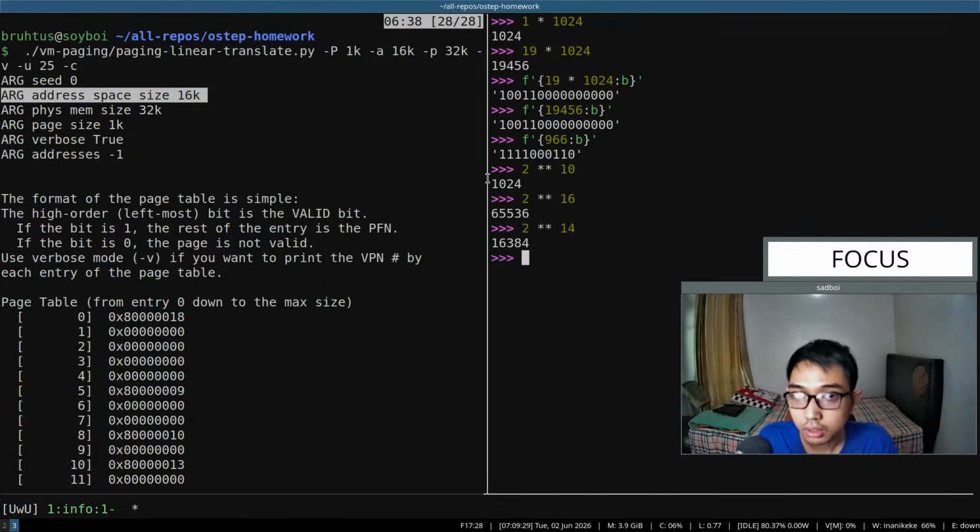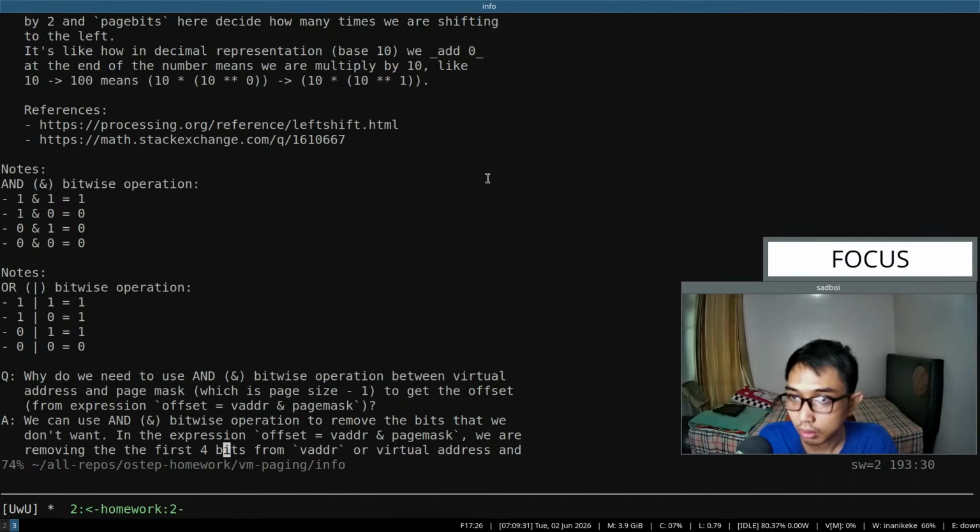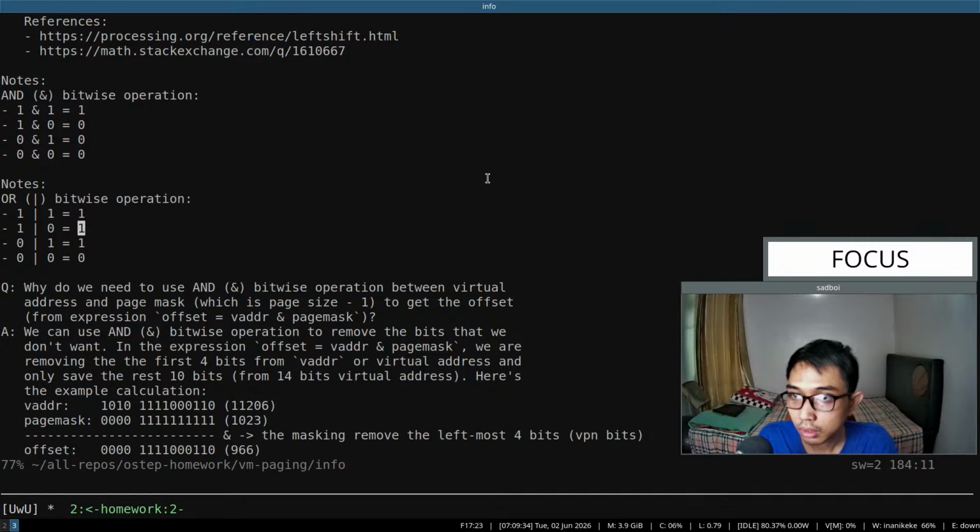All right. And if I understand correctly, the bitwise OR operation is something like this. So we need at least one of these to be 1 to result in 1.